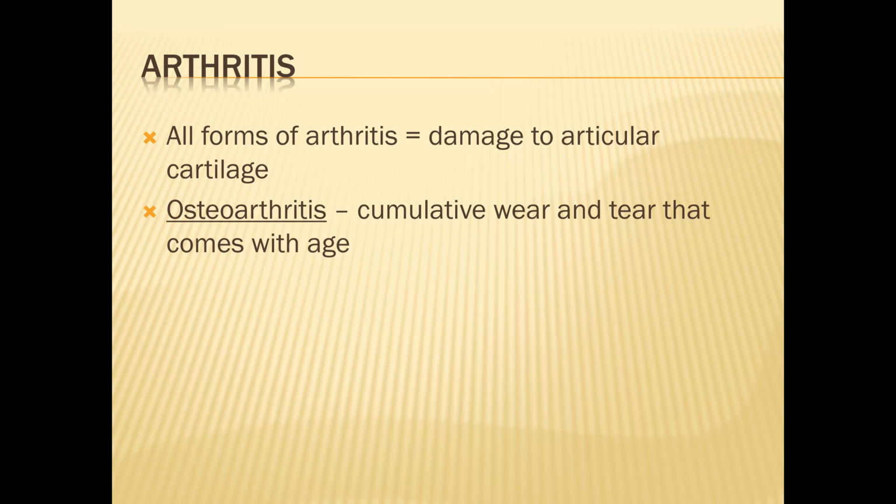You can get cumulative damage to that cartilage. Remember, cartilage does not heal well. It is avascular. And so over time and your lifespan, you do build up damage to the joints. This is also known as degenerative joint disease, or DJD. And again, this is damage that accumulates over time.